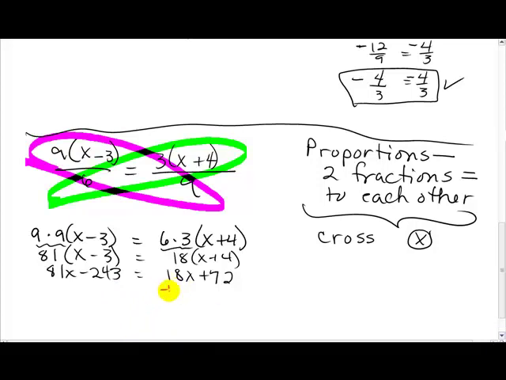I'm going to minus this 18x, minus the 18x, 81 minus 18, 16, 63x minus 243 equals 72.